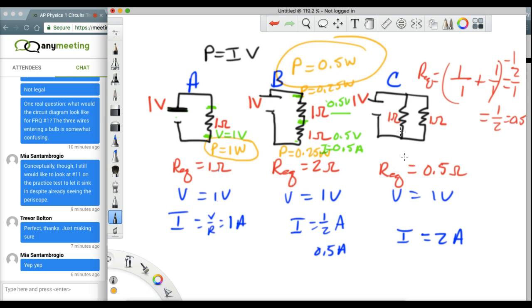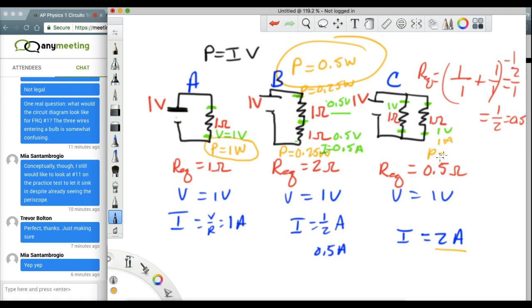And then for C, I know the voltage drop is going to be 1 volt across each one of these, and 1 volt across that one. And so my current is going to be evenly split. It was a total of 2 amps, so I know I'm going to have 1 amp here and 1 amp there.